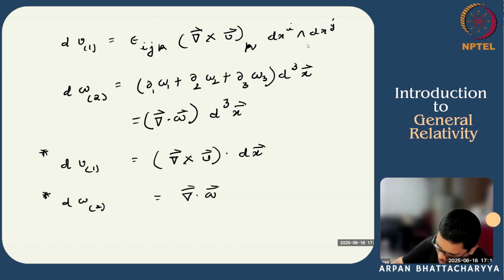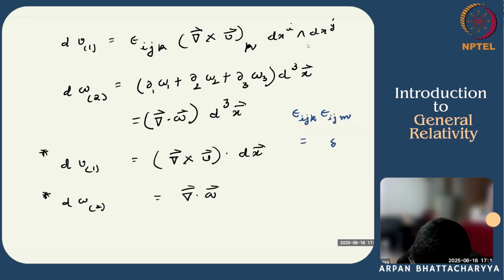So just to remind you, suppose you have two Levi-Civita epsilons whose two of the indices are contracted, then it will give you a delta on the rest of the two indices with a 2 factorial. We have used that actually.